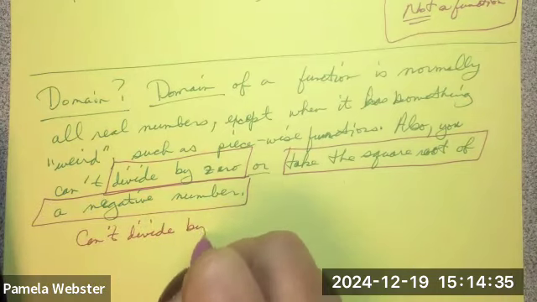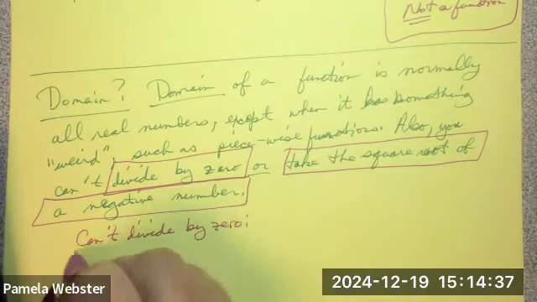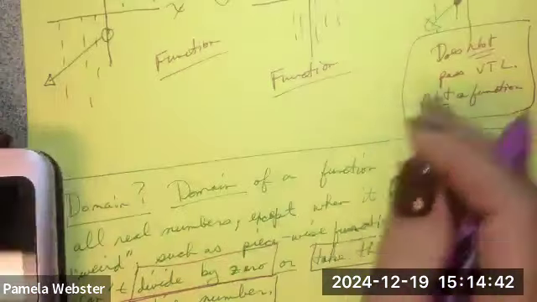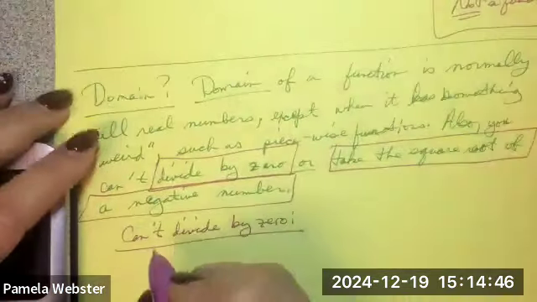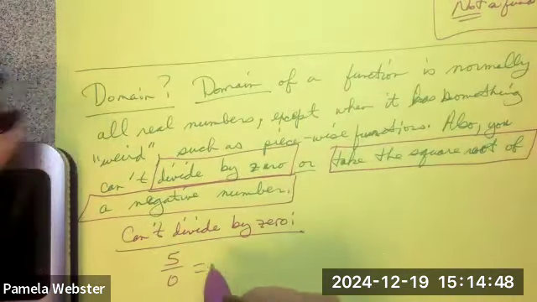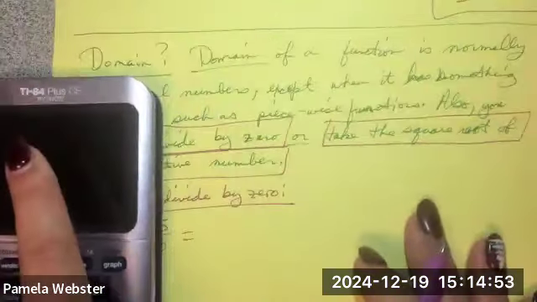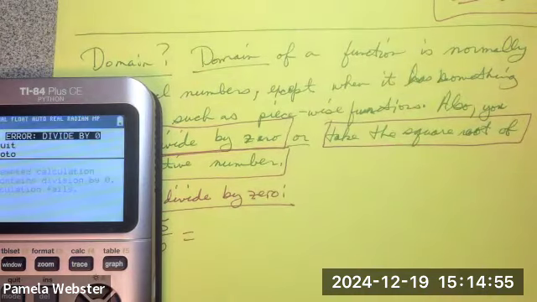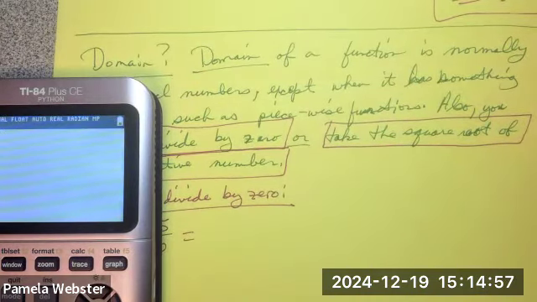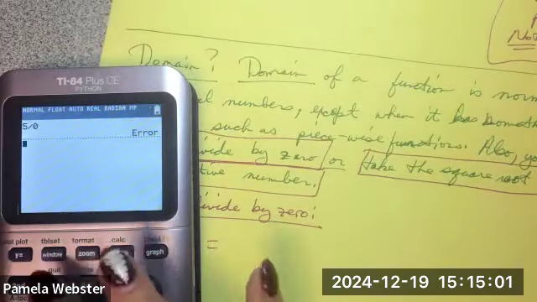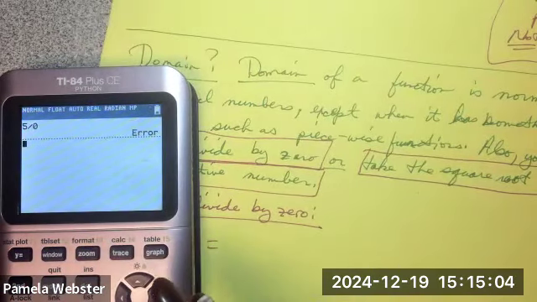So again, I showed you once one of these, but I will show you on your calculator. Can't divide by 0. Hopefully the calculator will convince you. That would look like something like 5 divided by 0. Oops, hang on, let me go back. 5 divided by 0. It gives me this error.